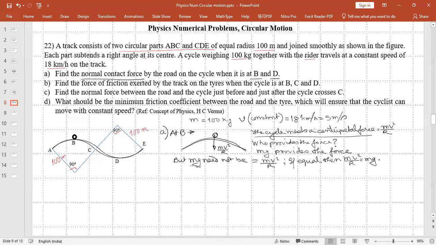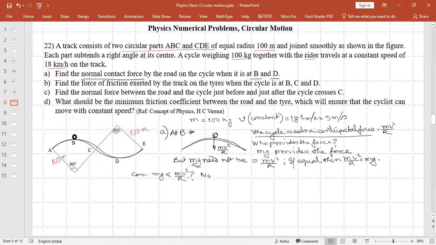We also write, can mg be less than mv square by r? Answer is no. Because if mg is less than mv square by r, then velocity has to be reduced.